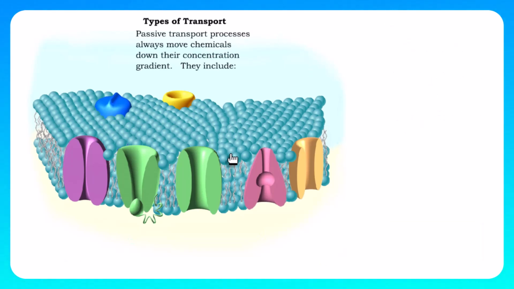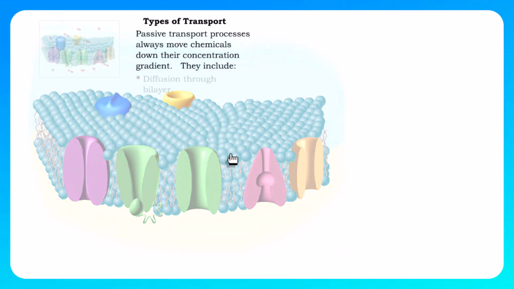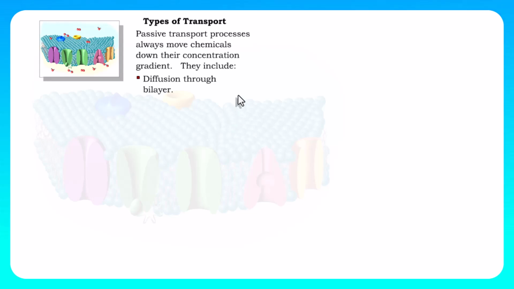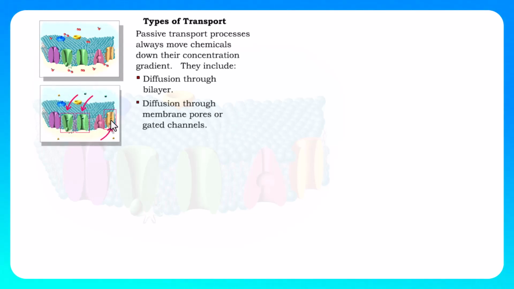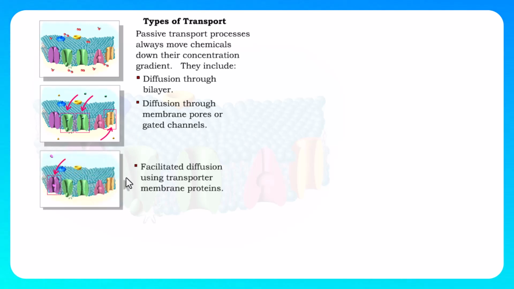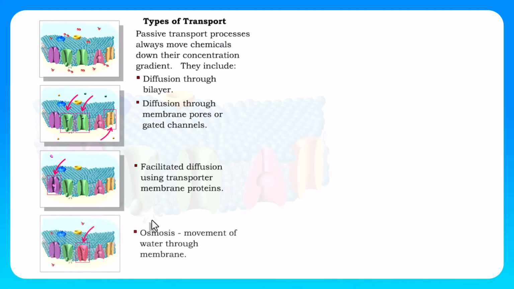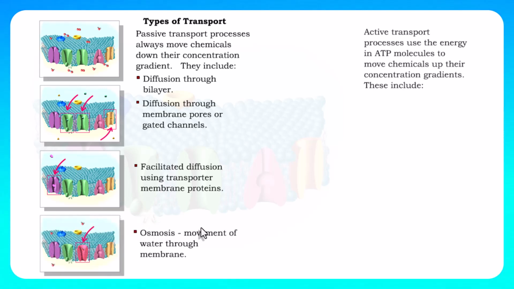Passive transport processes are driven by concentration gradients. They include diffusion through the bilayer, diffusion through membrane pores or gated channels, facilitated diffusion using transport membranes or proteins, and finally osmosis.